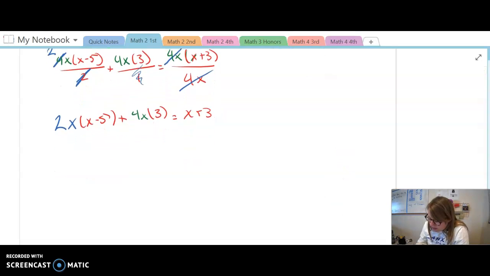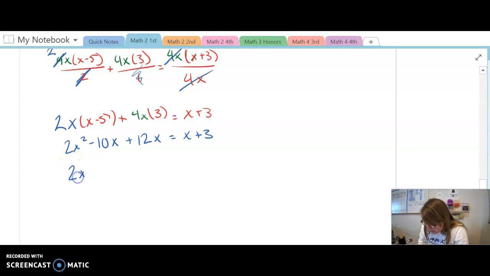Now I can simplify by multiplying all that out. I now have 2x squared minus 10x plus 12x equals x plus 3. Now I'm going to combine like terms and set it in ABC order so I can solve this quadratic. Combining like terms, this 10x and this 12x turn into 2x, equals x plus 3.